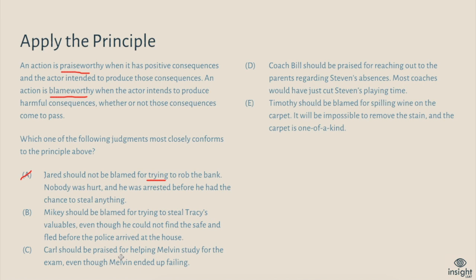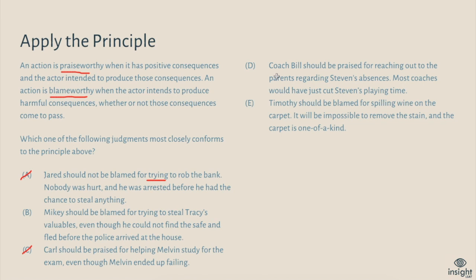Well, this didn't have positive consequences, so it might be praiseworthy, but not according to this principle, right? This just gives us two sufficient conditions, a combination that's sufficient. It has to have positive consequences, and the actor has to have intended those. But that's not the situation here, because there were no positive consequences, so we don't really know if it's praiseworthy or not.